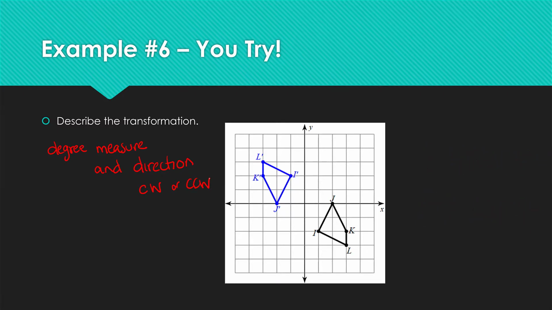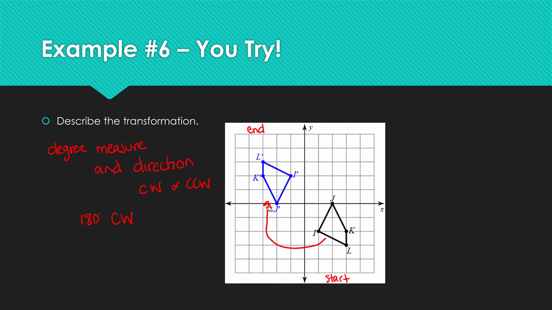So let's look at this problem. This image on the lower right, that's our start. That's our pre-image because it does not have primes. And the upper left is our end or our image because it has those little prime apostrophes there. So I could describe this clockwise going like this, and I went 2 quadrants, which would be 180 degrees.